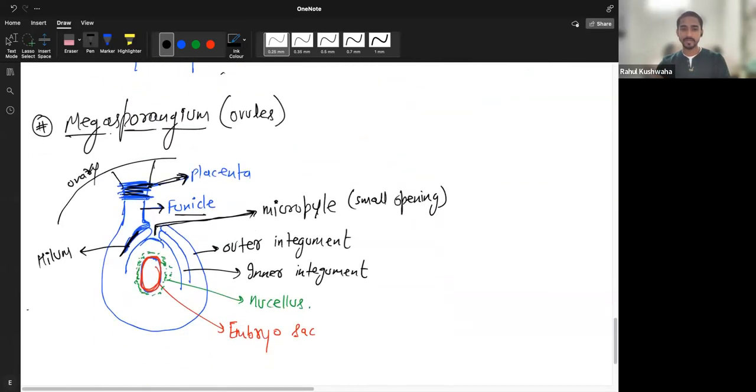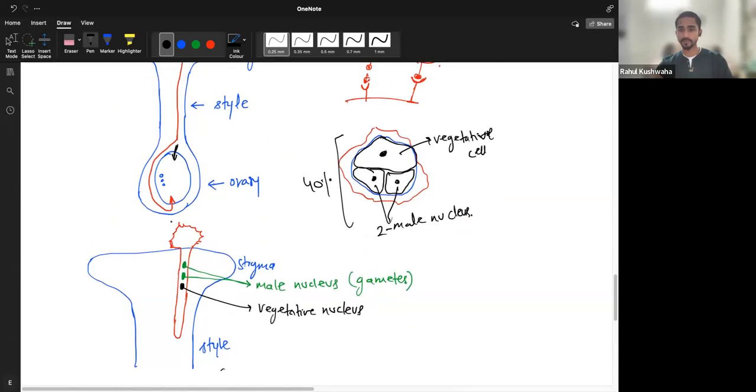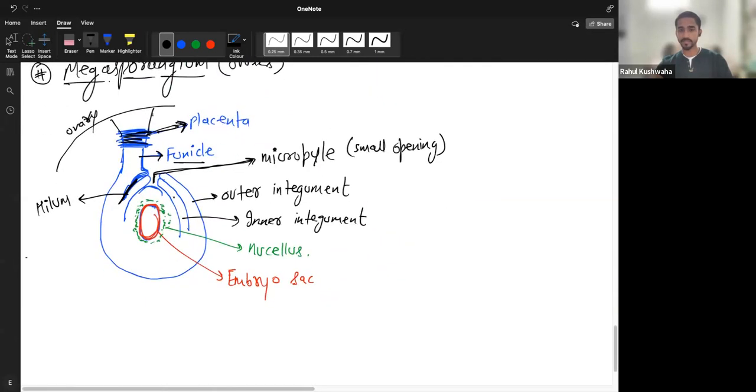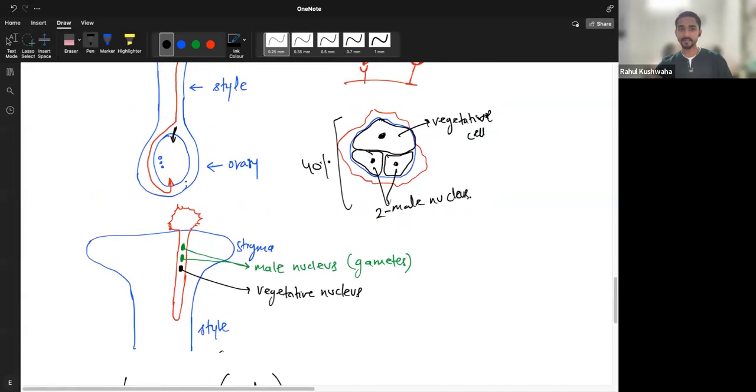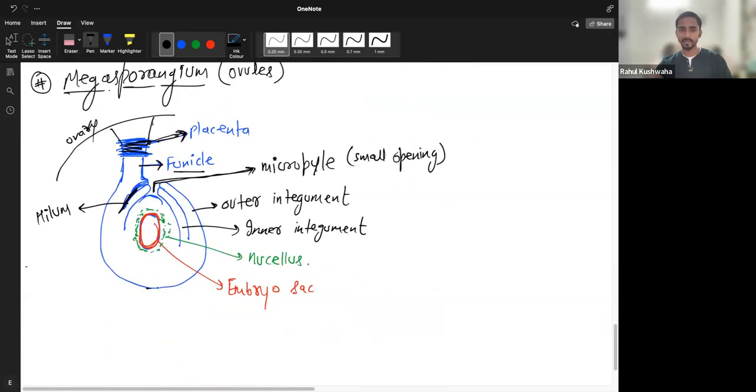The orientation in which I have drawn this is reversed here, right? So if I ask you to take this and place it in this diagram, you will place it upside down. The micropylar end should come here, and opposite to the micropylar end, just for reference, is called the chalaza.